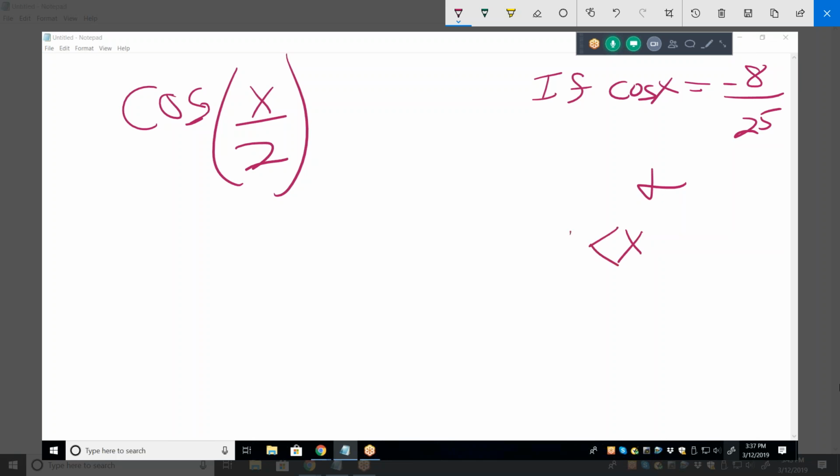Yeah, I would do it like this, which tells you that x is in the first or second quadrants. Okay. Now, what is the general formula for cosine of x over 2?